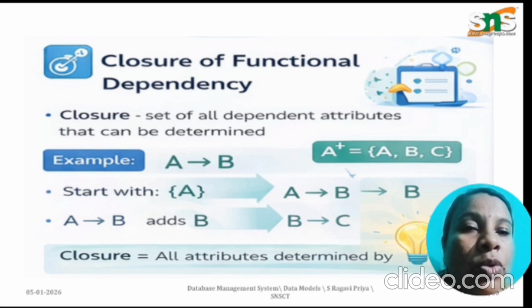The closure A plus contains the values A, B, C. It starts initially with the attribute A. A tends to B means B is a dependent of A, so we can add the value B. Closure means finding all the attributes determined by the functional dependency.